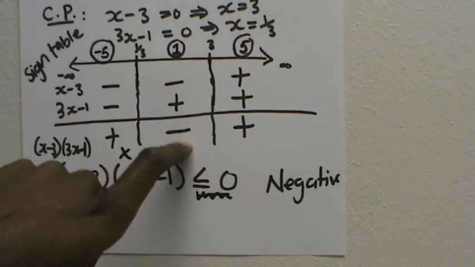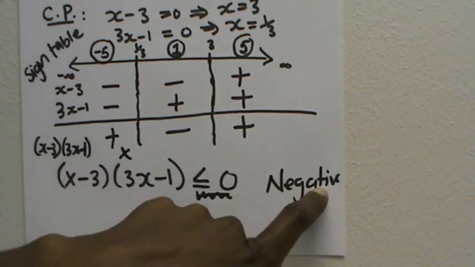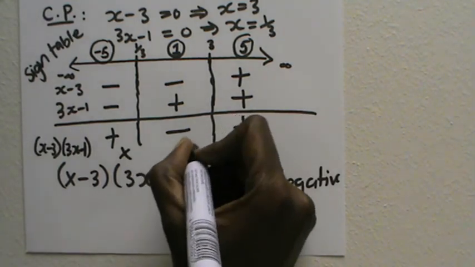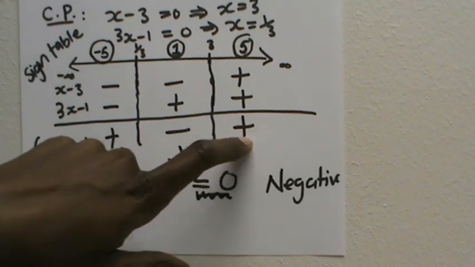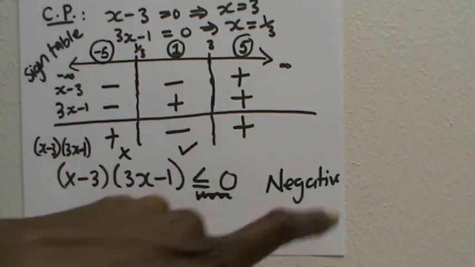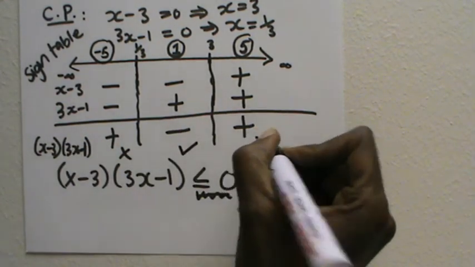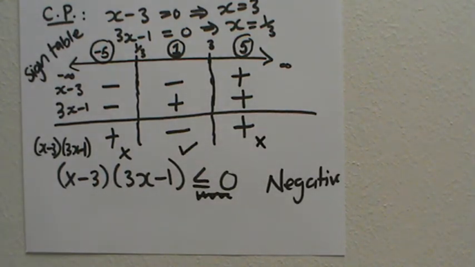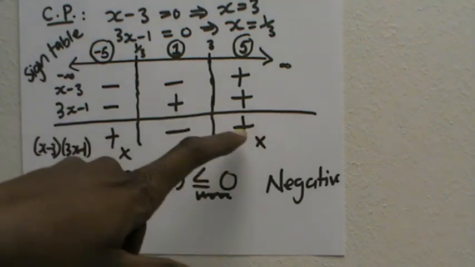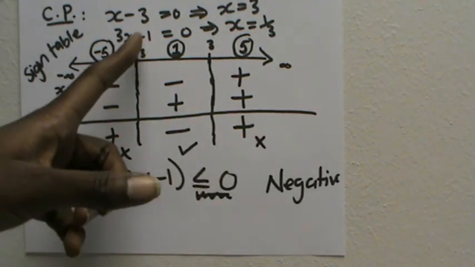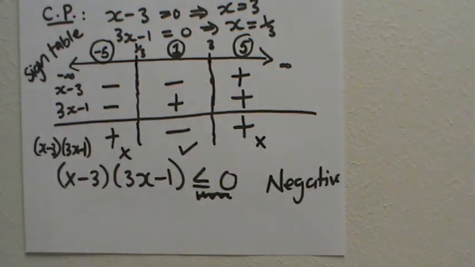Next column, this is negative, and I'm looking for negative, so this is a solution. And then I look at the next one here. This is positive. I'm looking for negative, so this is not a solution. Okay, so I look at what I have: not a solution, not a solution, so the only solution is between 1 over 3 and 3.